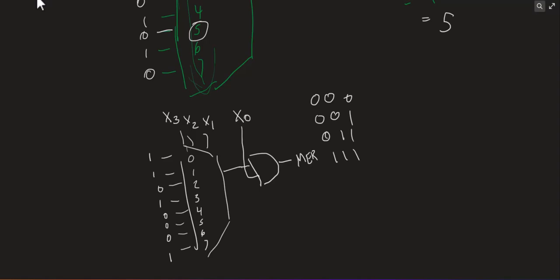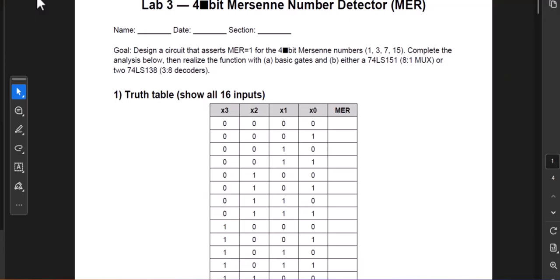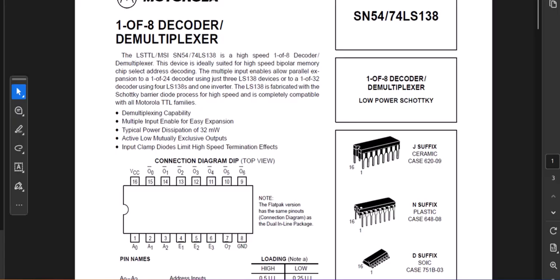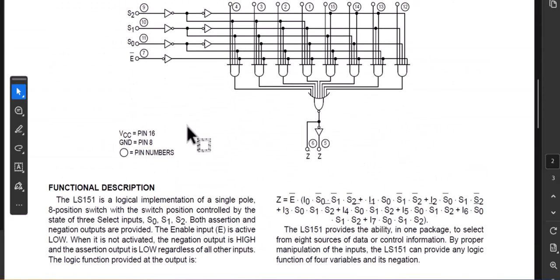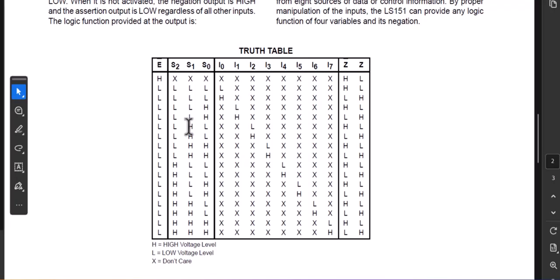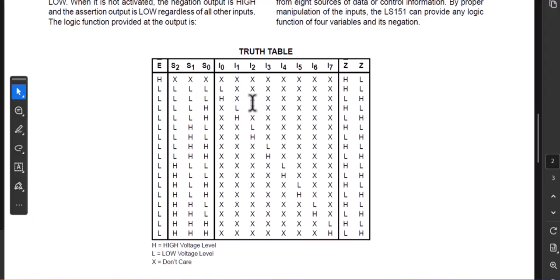Okay, but there's going to be a twist to this. Now let's take a look at what the twist is. We need to look at our truth table. It has an enable low, and its output is high.